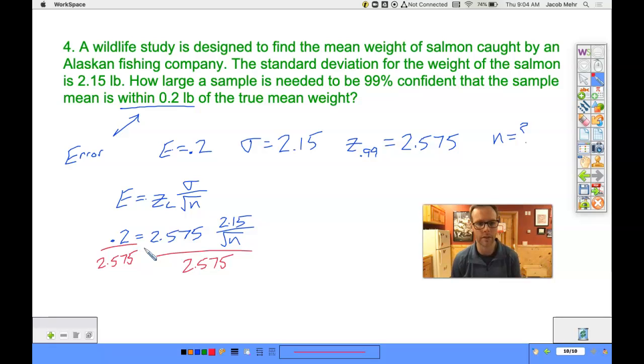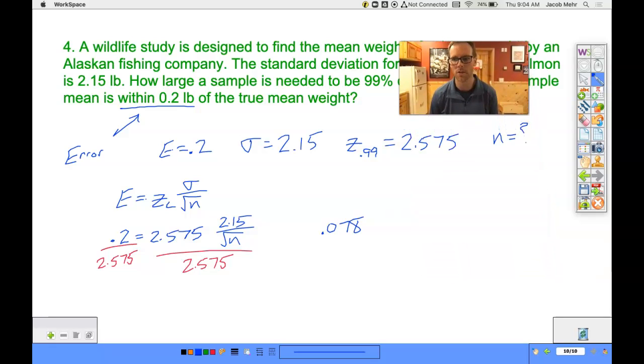That's a really unpleasant decimal there. So I'm going to write that number as about 0.078, but I'm actually going to use my calculator number, not that rounded number. That equals 2.15 over the square root of n.